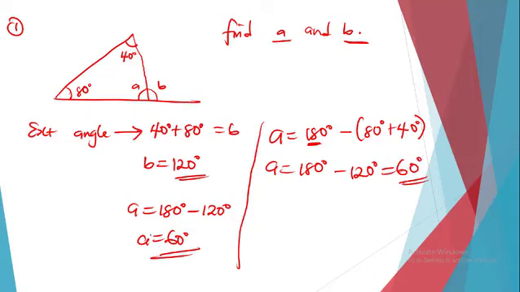That's the same thing we got here. And then since we've gotten the value of A to be 60, B then will be equal to 180, which is angle on a straight line, minus 60, and then we have B to be equal to 120. So either way you solve it, you still get the same result.